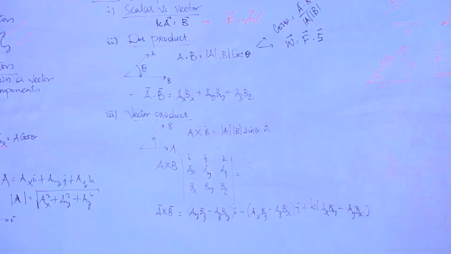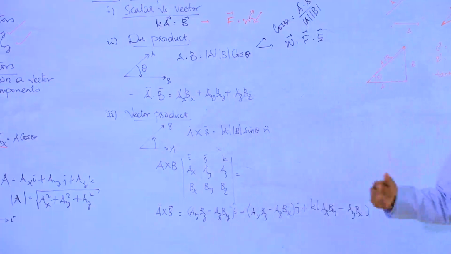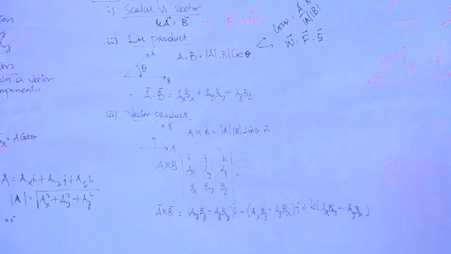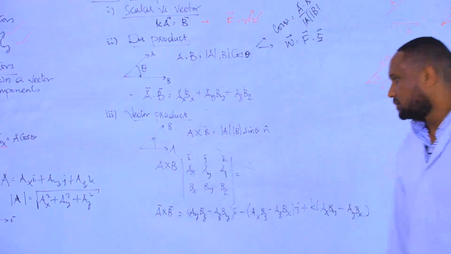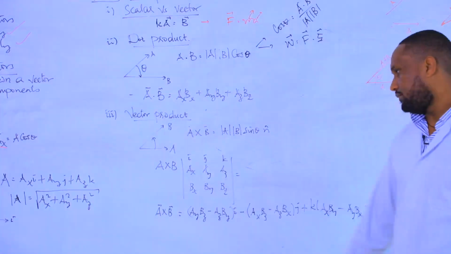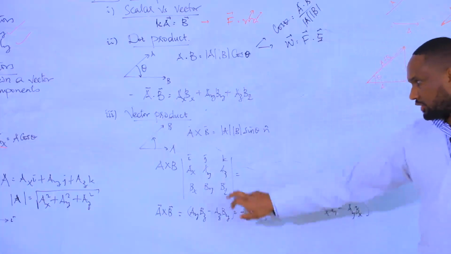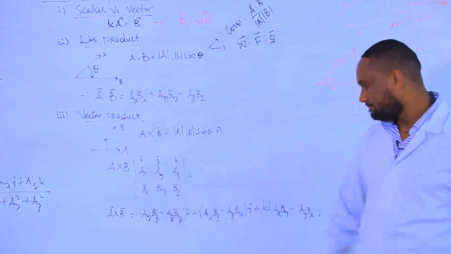So mathematically, if two vectors are given in terms of the orthogonal unit vectors i, j, and k, for example, if A is given as Ax i plus Ay j plus Az k, and if B is given as Bx i plus By j plus Bz k, then the cross product of A cross B is given by (AyBz minus AzBy) in the i direction. So this multiplied by this minus this multiplied by this, times i.